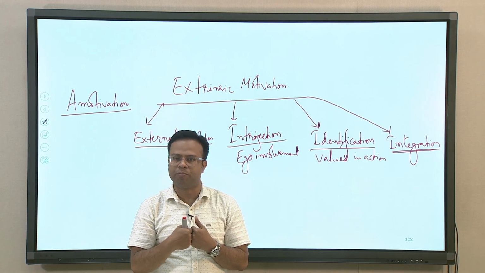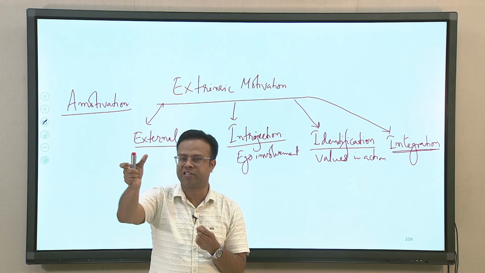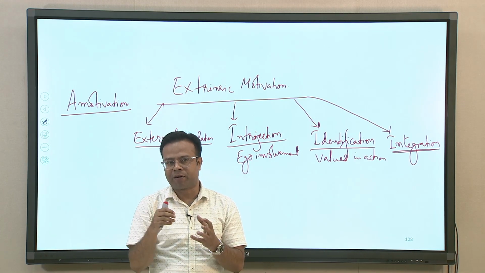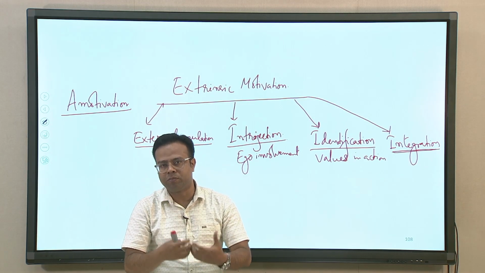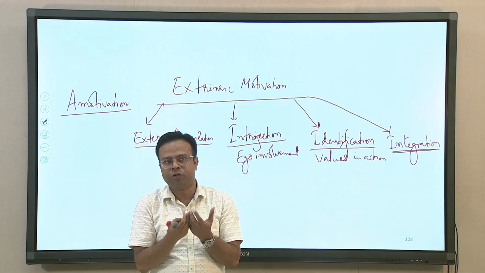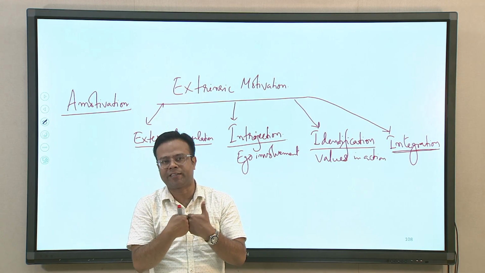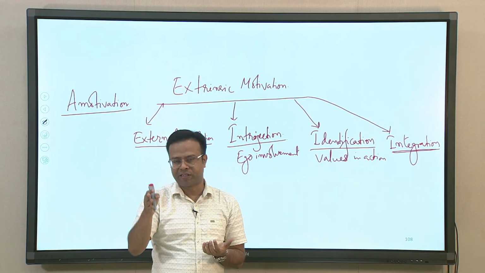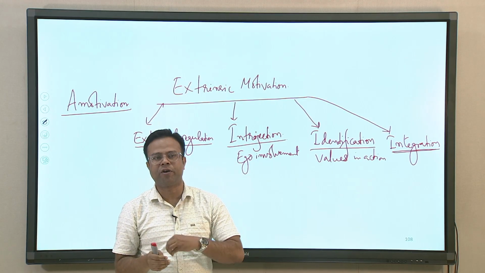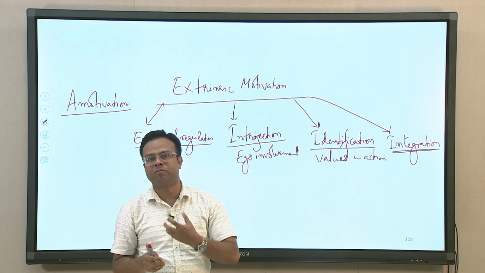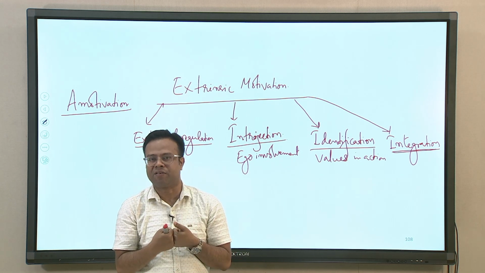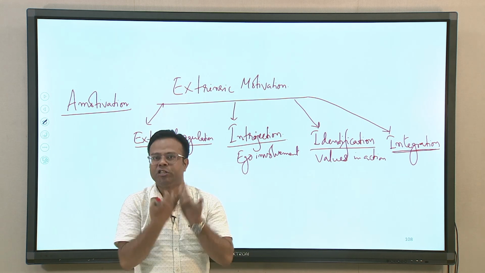You are doing it, and obviously there is still a sense of extrinsicness here, because you want to get something out of it, but the action is so important that you internalize it to the extent that it becomes part of your own sense of self. We will give some examples also later. For example, a student who feels that getting educated is part of my self concept, I am an educated person.